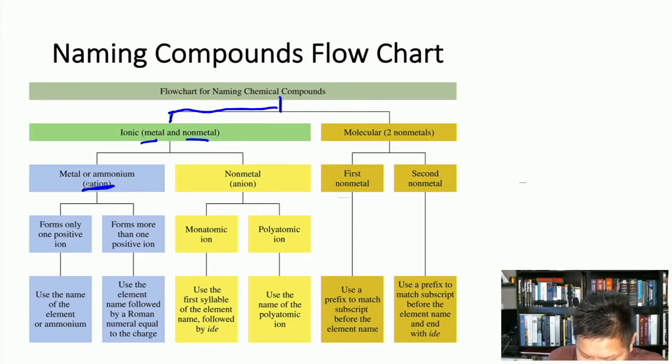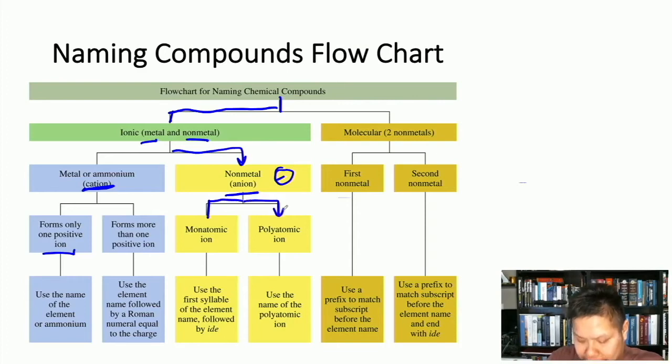Because it's always positively charged, right? And then the nonmetal is known as the anion, right? And these are the ones that are negatively charged, right? And these can be either monatomic, which is just a single ion, or polyatomic, which are those other ones that were in that big chart, right? Like sulfate, nitrate, nitrite, right?